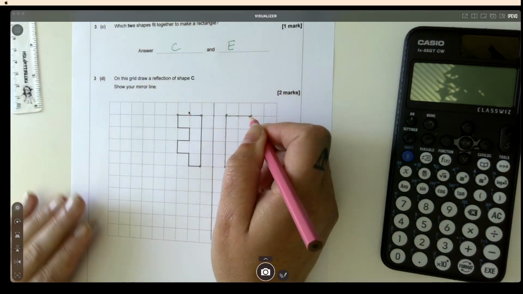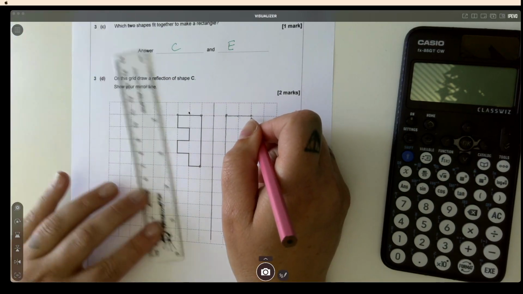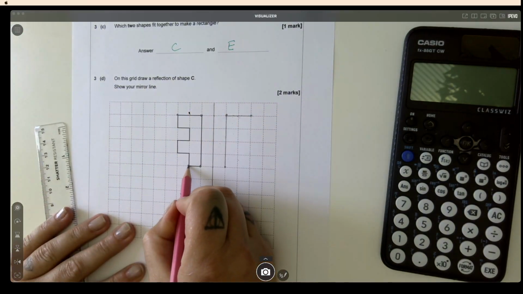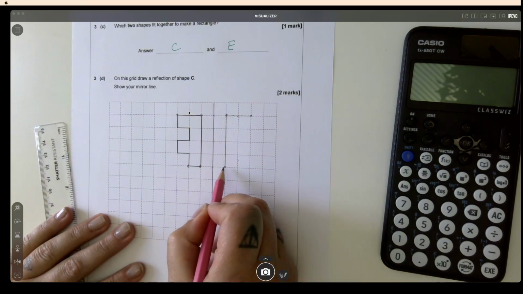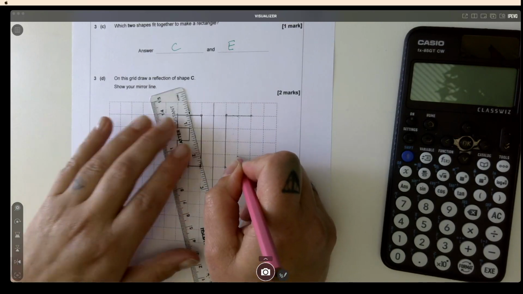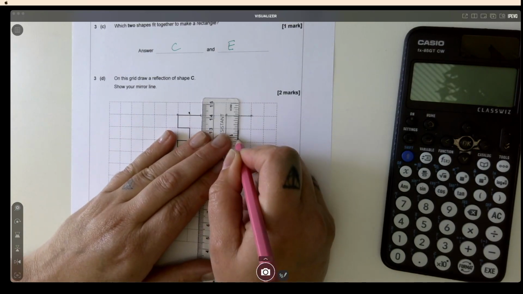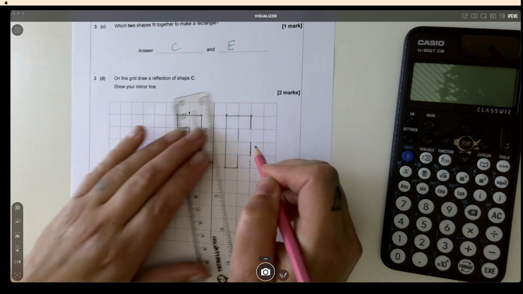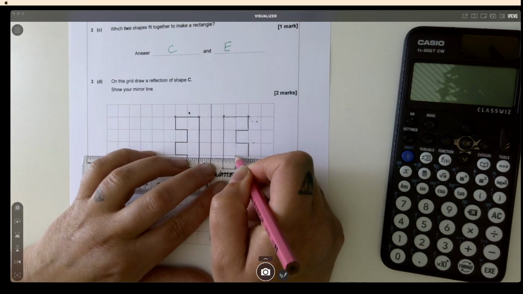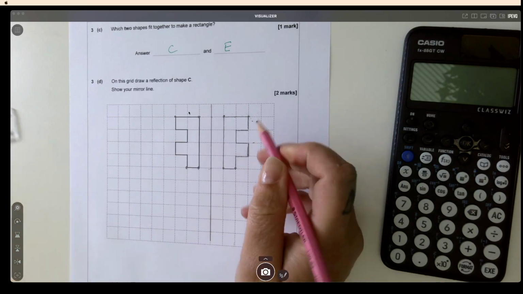And then at this point, you can either draw the shape in or you can do it a point at a time. So this corner here, 1, 2, so that's going to be there. And then once you see the shape forming, draw the rest of it in, or map all the corners of the shape and then draw it in.